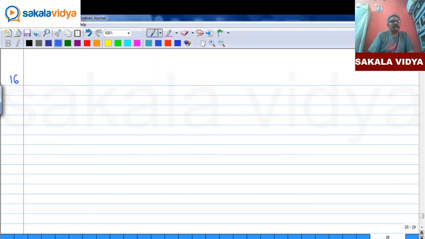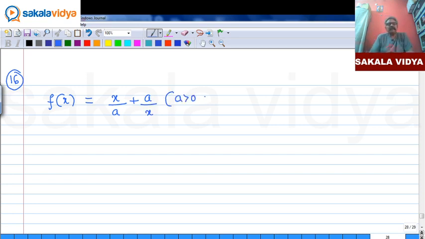Now the 16th question. f of x equals x by a plus a by x, a greater than 0 and x does not equal to 0, is decreasing in.